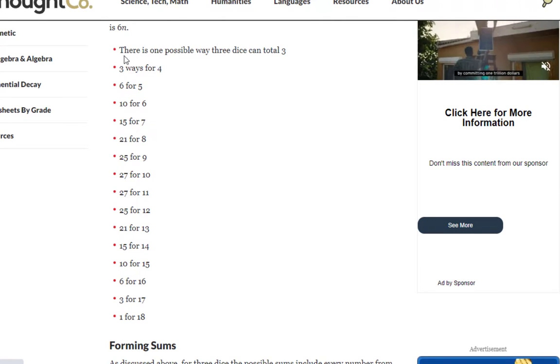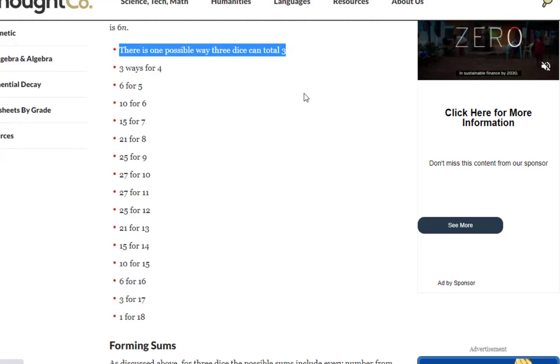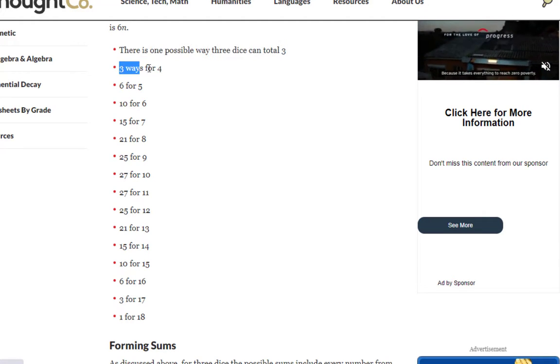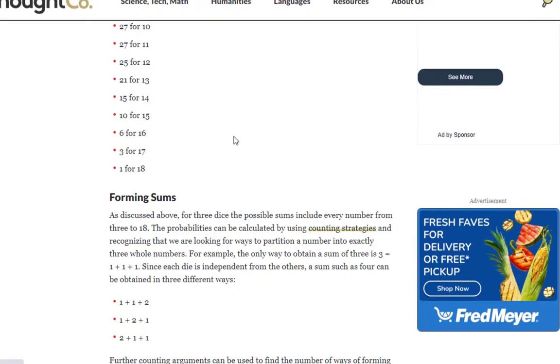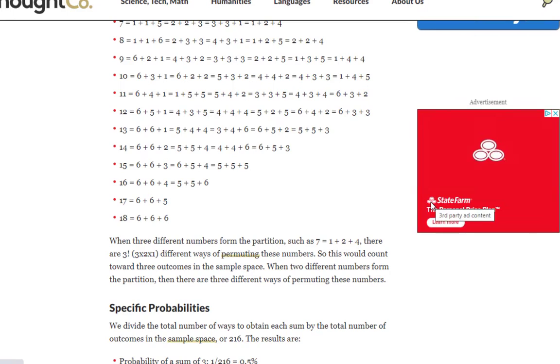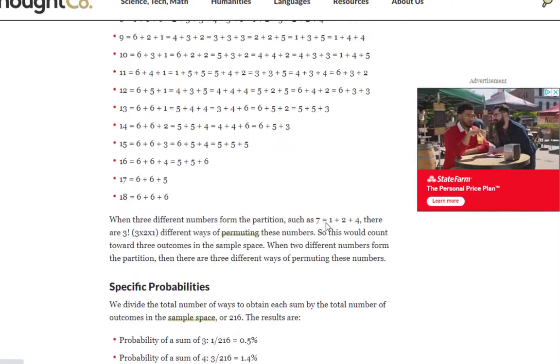So you can get 1 way to total 3. That'd be 1, 1, 1. 3 ways for 4. That's 1, 1, 2, 1, 2, 1, or 2, 1, 1. 6 ways for 5. That would be 2 1s and a 3, or a 1, 2, and 2. I mean, it gets a little bit annoying. I was hoping there'd be a visual. That's all the sums, I guess.